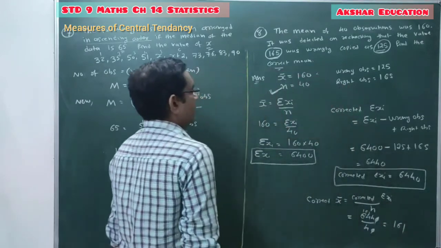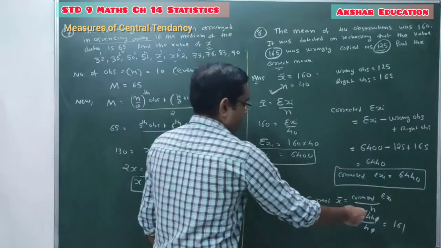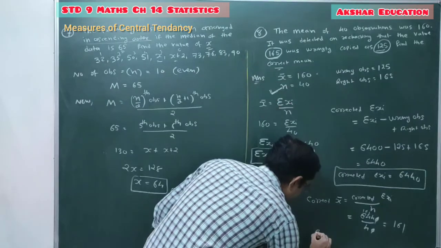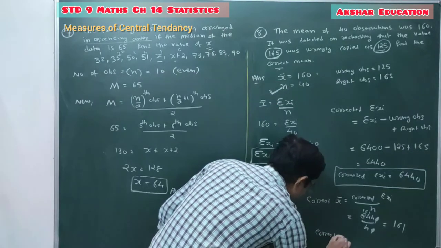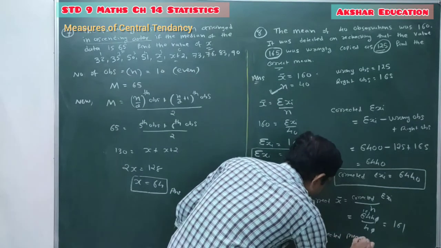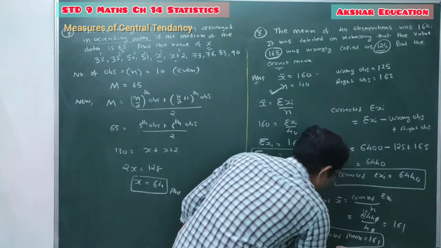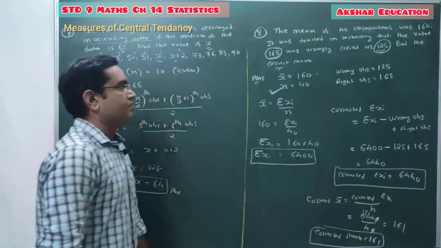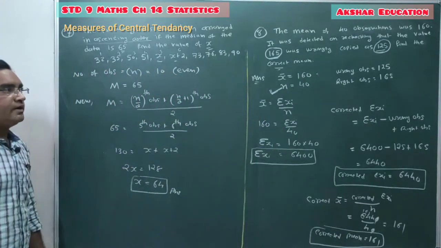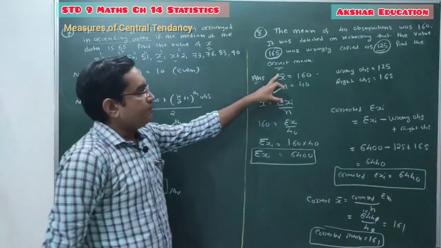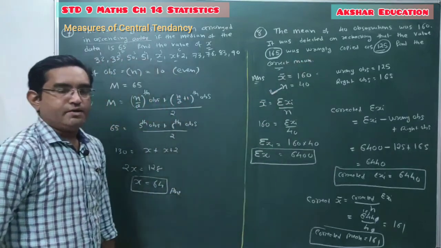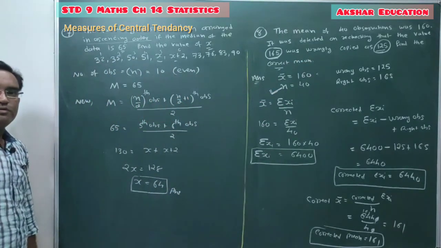So your corrected mean, instead of 160, is 161. The corrected mean 161 is our answer. Clear, students? This is how you can find the correct mean when an observation is wrongly copied. Pause the video to note it down.